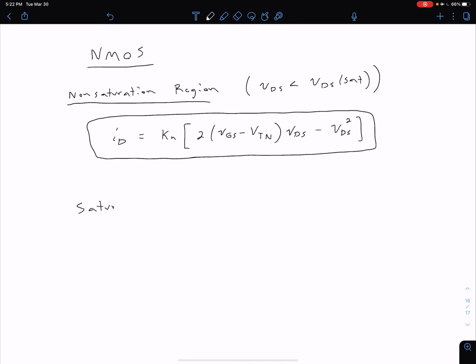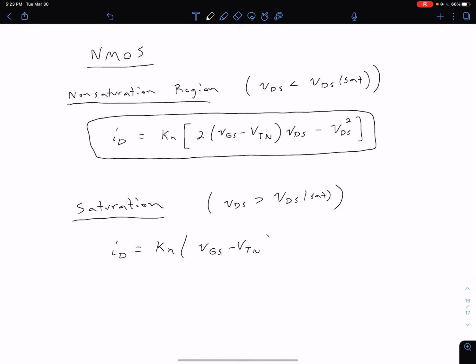The other region is our saturation region, if we're above VDS sat. So now VDS is greater than VDS sat. In this region, our drain current, as we said before, is ideally independent of VDS. So we have Kn times the quantity of VGS minus VTN squared.